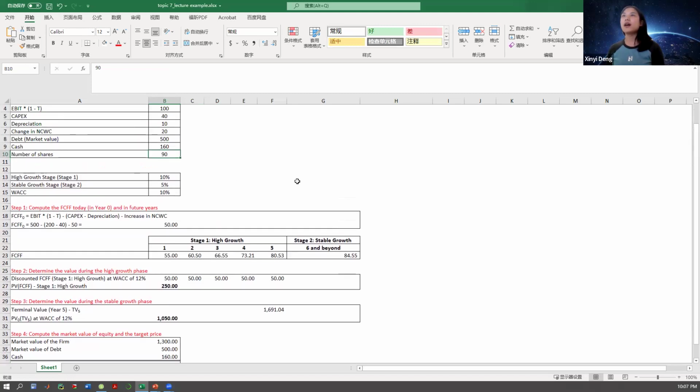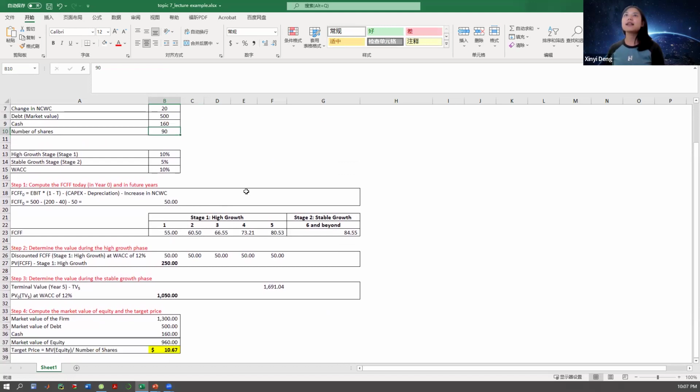Before we go back to the slides, let's take a look at how we calculate the free cash flow to firm at year 0 in the Excel sheet. As we did in the review slides, the free cash flow to firm in year 0 is the after-tax EBIT minus the net capex, where net capex is capex minus depreciation, and then minus the change in non-cash working capital.